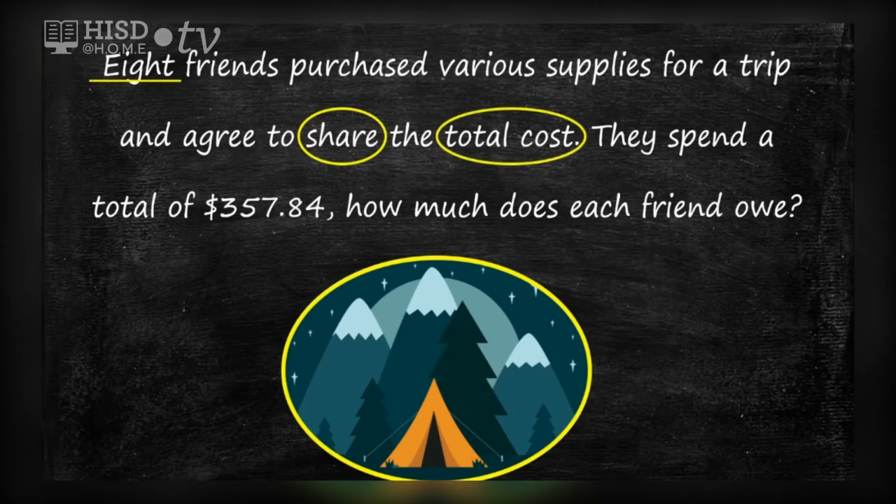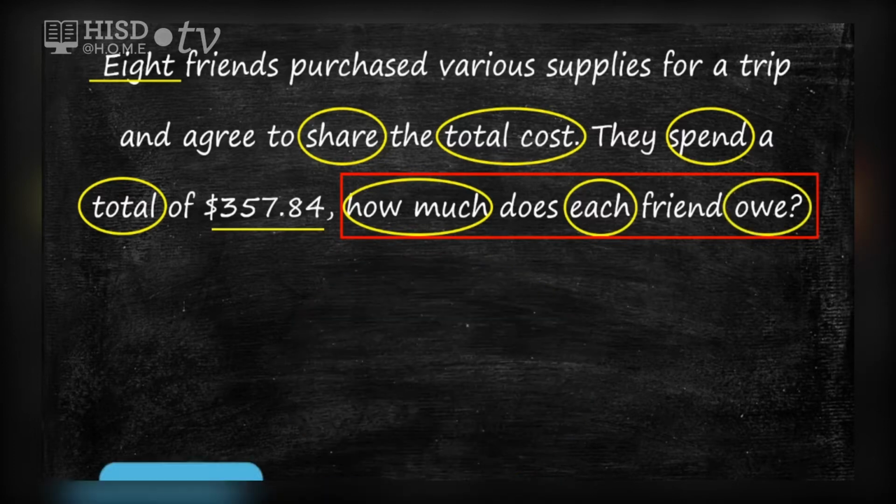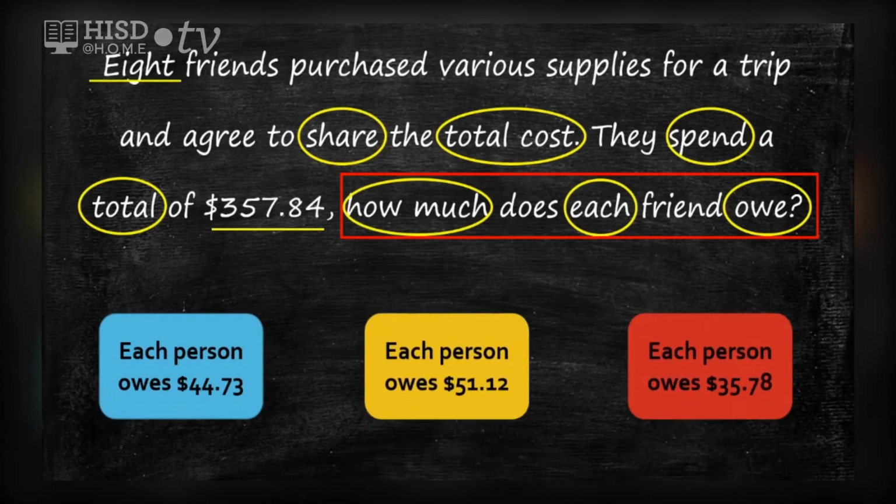They spend a total of $357.84. The question reads, how much does each friend owe? So now you're gonna have a multiple choice, and you're gonna have a few seconds to be able to solve this problem. Let's start.